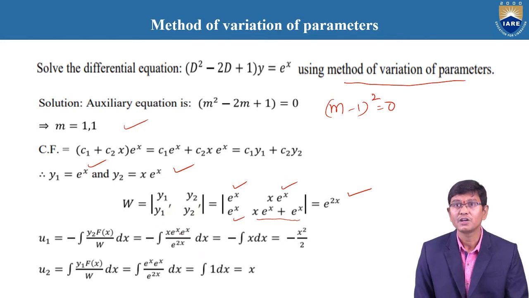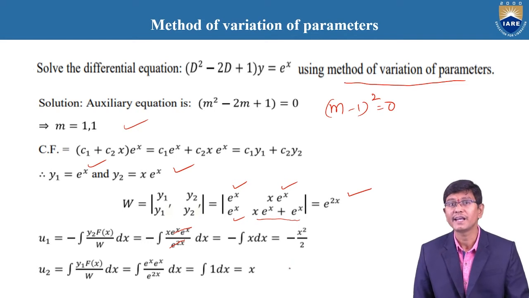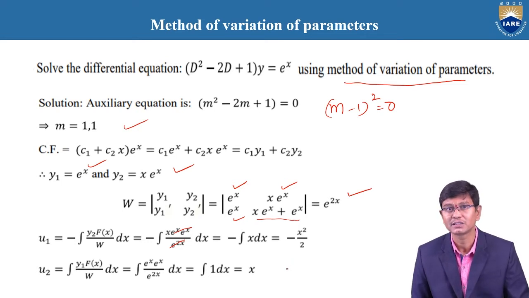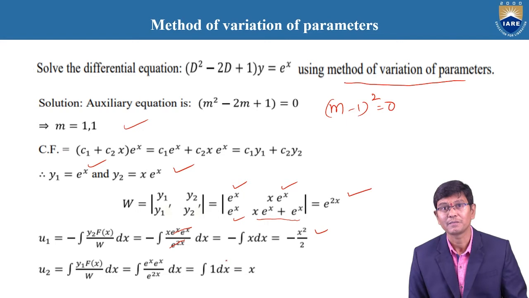The numerator e power x into e power x is e power 2x, and the denominator is also e power 2x, so both cancel. The remaining part is the negative of the integration of x into dx, which is minus x square by 2. That is the integration part.